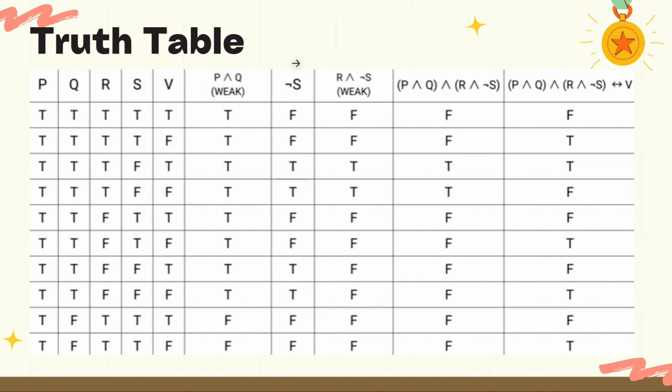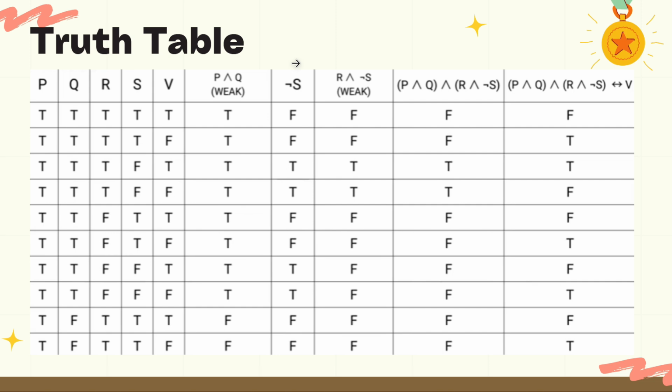For not S, it will be the opposite of S, so it will be false, false, true, true, false, false, true, true. For R and not S, same as before, if both conditions are true, it will be true. But if one condition is false, it will be false.